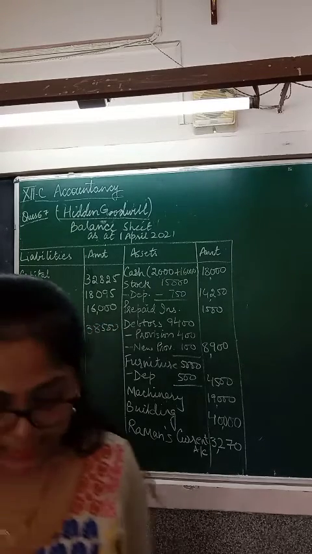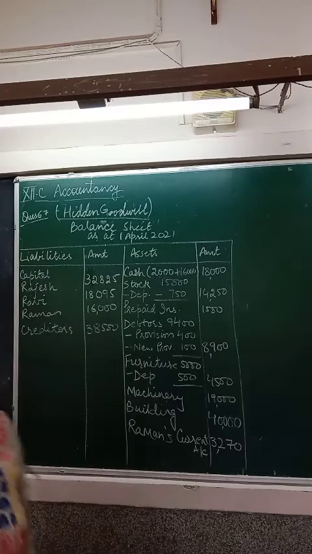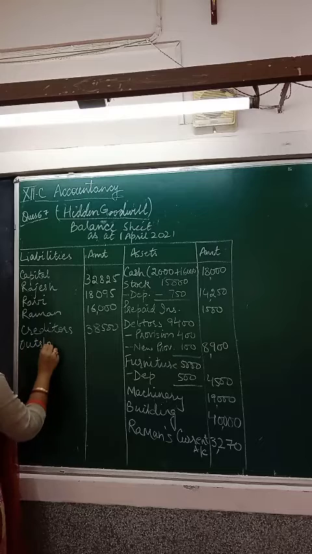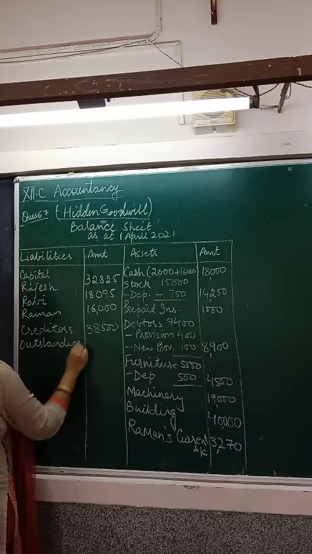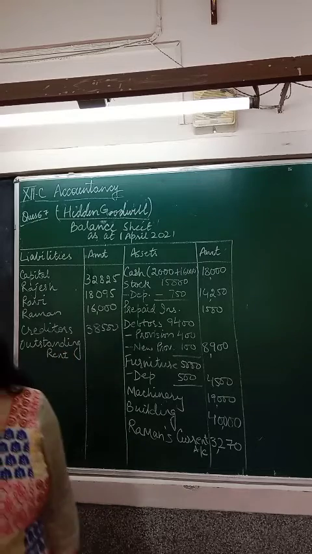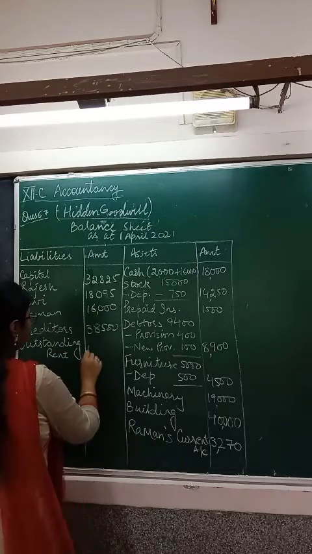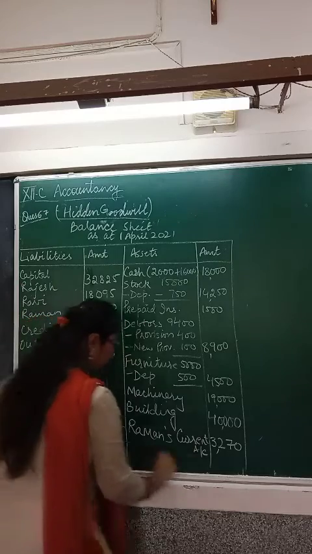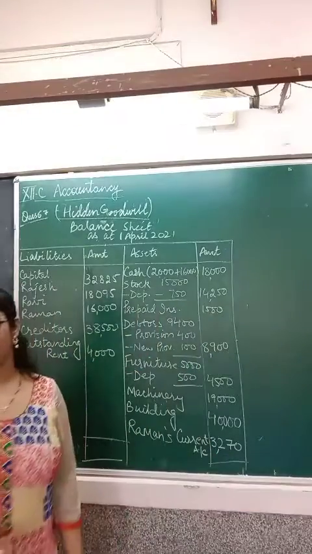Also, there was an outstanding rent of rupees 4,000 as per the question. Now total up the balance sheet, the remainder is your answer.